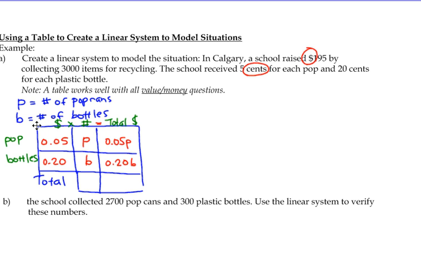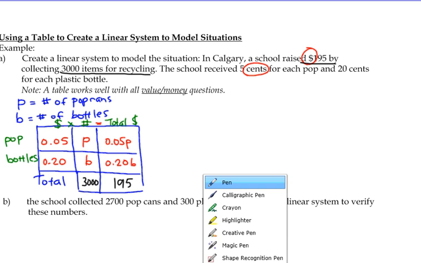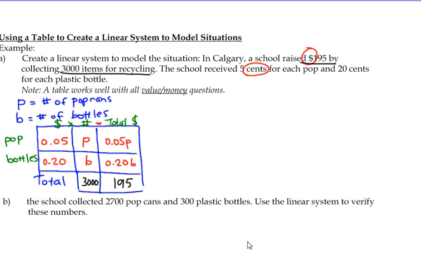And last, we have our two totals to fill in. So the total number goes here. What's the total number of items collected? 3,000 items were collected for recycling. And the total amount of money goes in the bottom. How much total money did we collect? 195. So our equations are going to be these two.